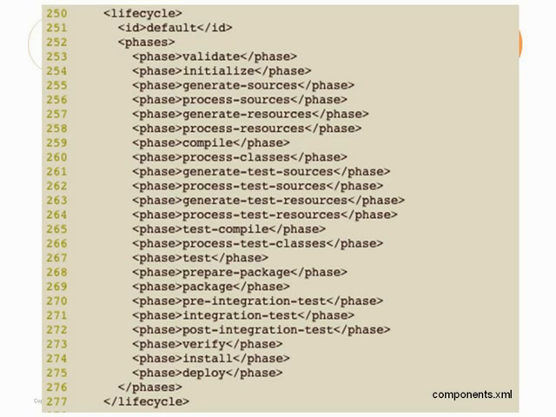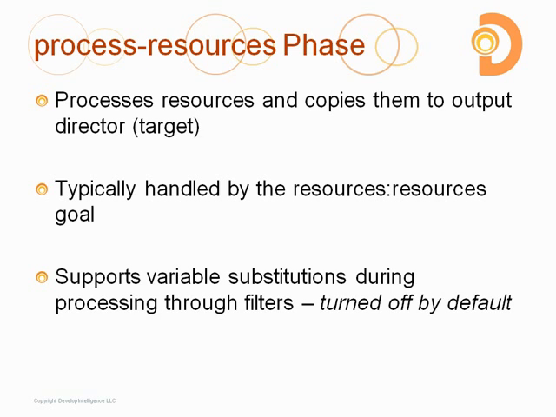Okay, so I'm going to try to give you some insight to a couple of other sub phases in this default phase, just so you're aware that they exist. First one here is the process resources phase. The process resources phase basically allows the compiler to do pre-processing or post-processing on related resources.